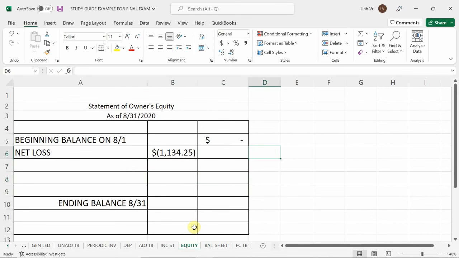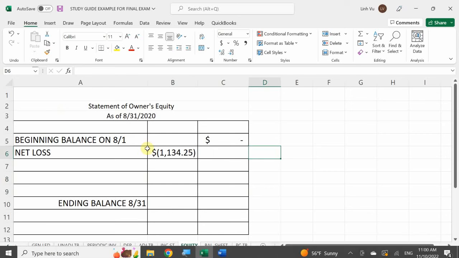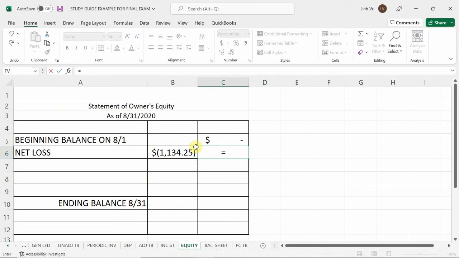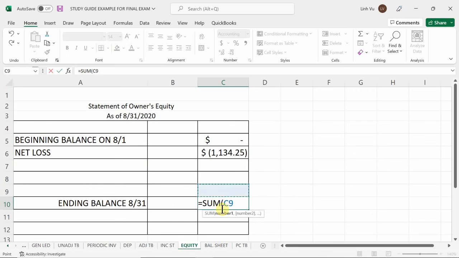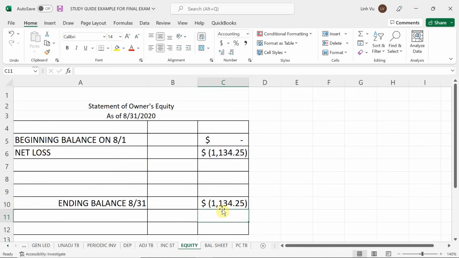If you took a loss, what is your new equity going to be? The same as the loss. Negative $1,134.25, right? Because that's what happens to losses: the owner does not pay for it. The company pays for it.